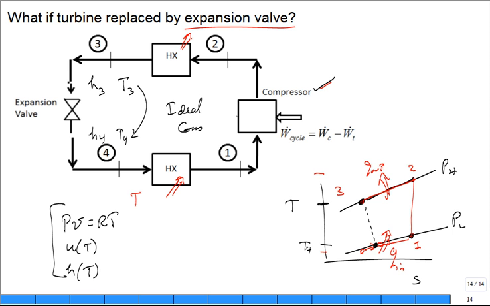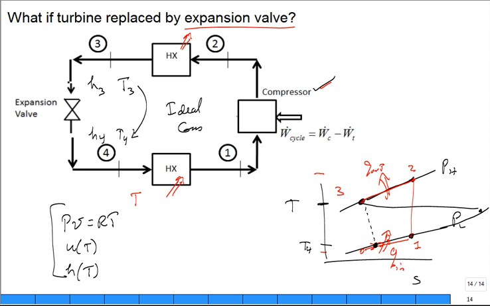So where's state 4 on this TS diagram? Because it's low pressure. Is this going to work? No. It will not work. It will definitely not work. So, yeah, you can look at a system and think, oh, that must work.